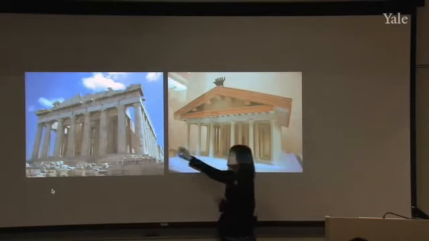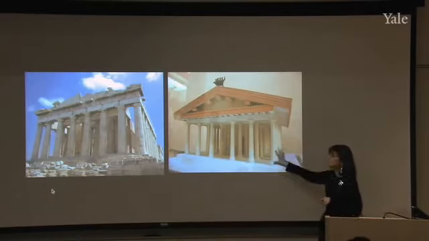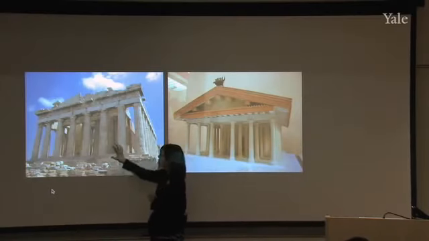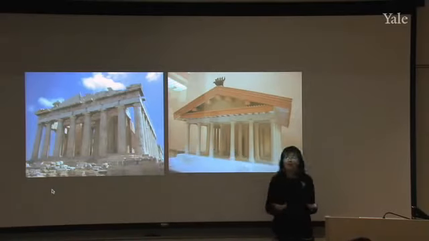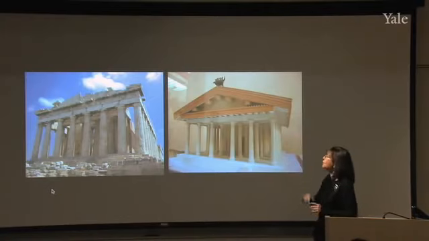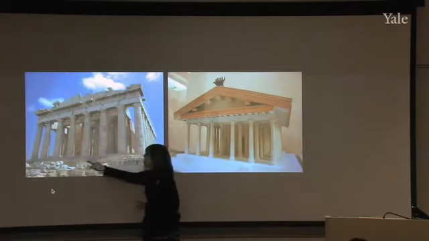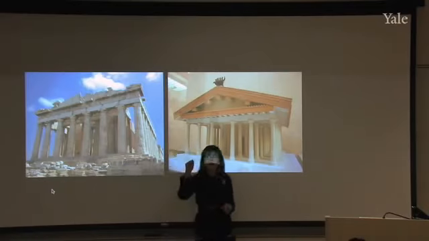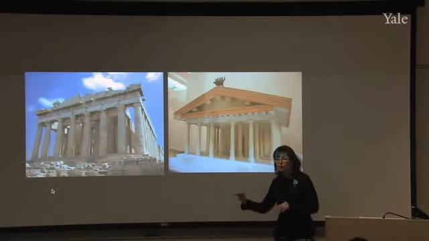So what are the differences between the two? We've already talked about the main features of the Etruscan temple, but what are the main features of the Greek temple, of the Parthenon? I think you can see that while superficially they look alike, they have columns that support a triangular pediment and so on and so forth, the major differences are that instead of sitting on a high podium, Greek temples sit on a much lower podium.